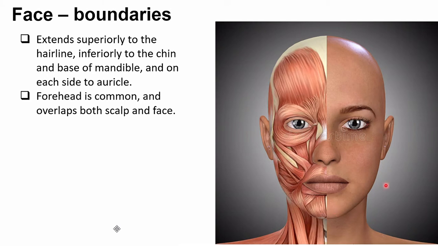Laterally, yung ears mo, in front of the ears. So that's the border of your face. Forehead is common. If your face reaches the hairline, your scalp reaches naman the eyebrows area. So this is common between scalp and the face, the forehead.